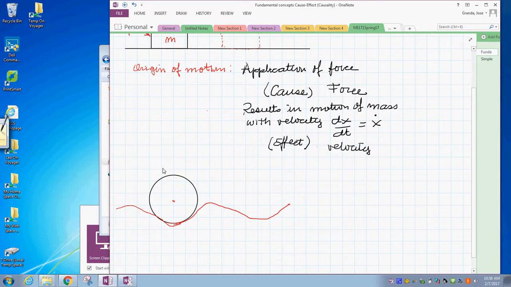So this is a tire with the moment of inertia J here, and obviously it moves with some velocity in the x direction, and because it's rolling on the ground, it turns with omega, right?